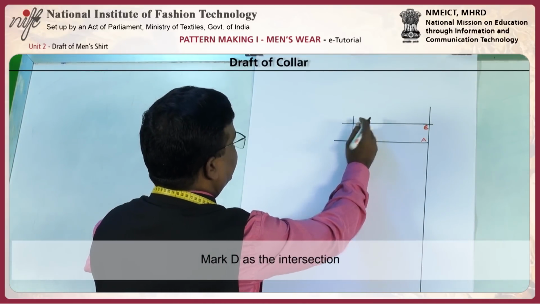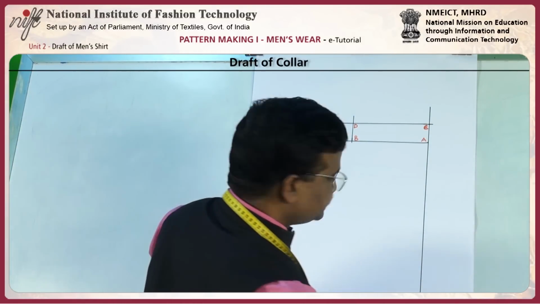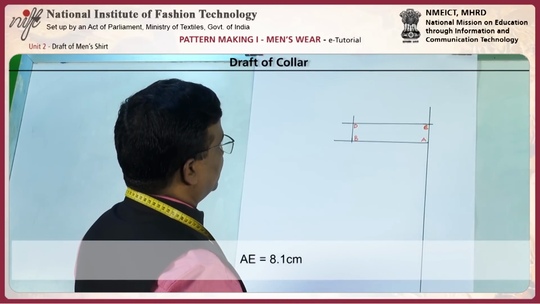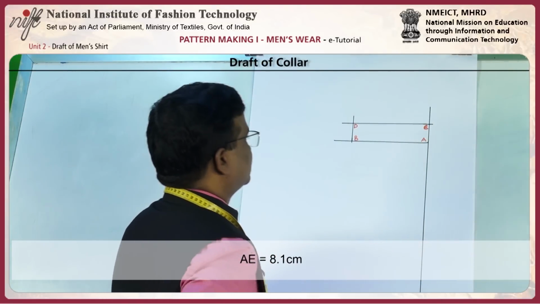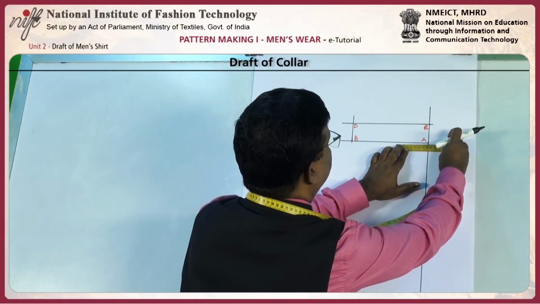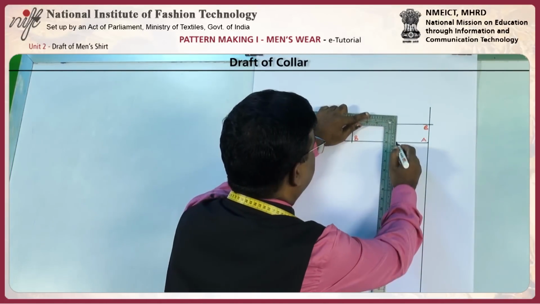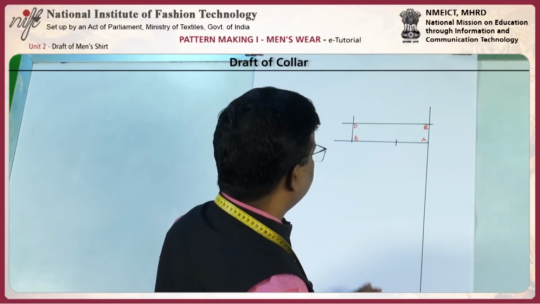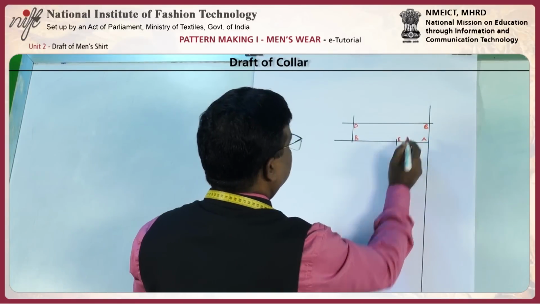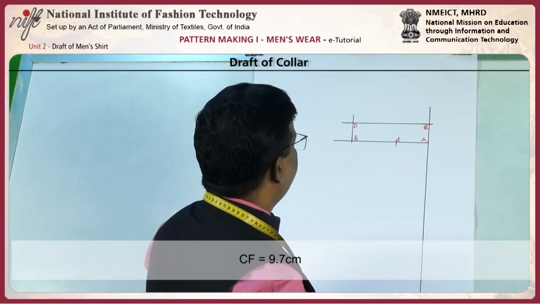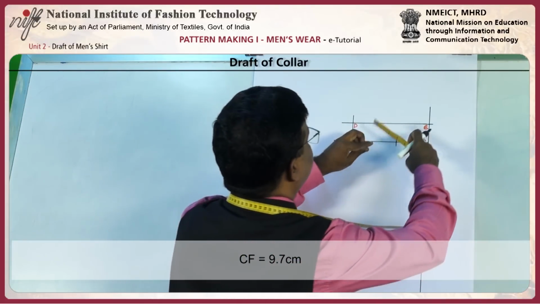The intersection will be D. A to E 8.1 centimeter. AC to F 9.7 centimeter.